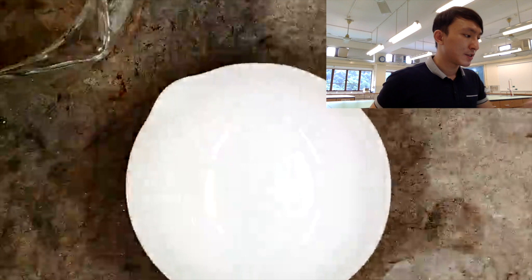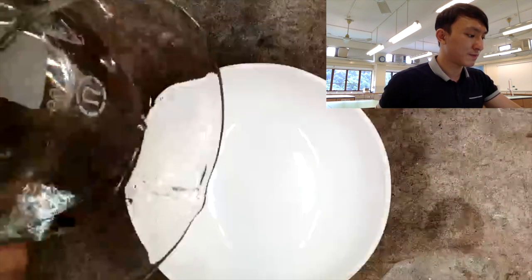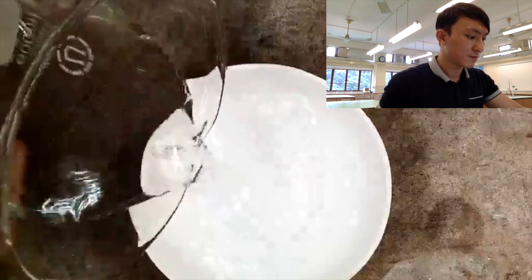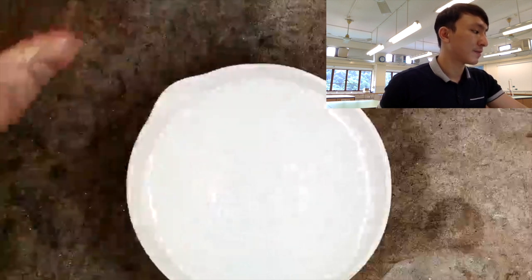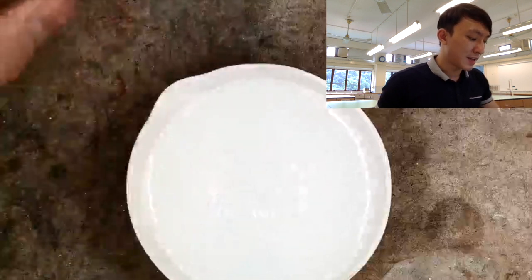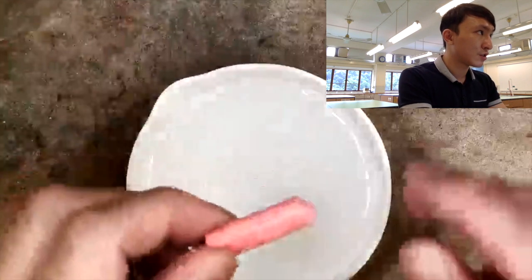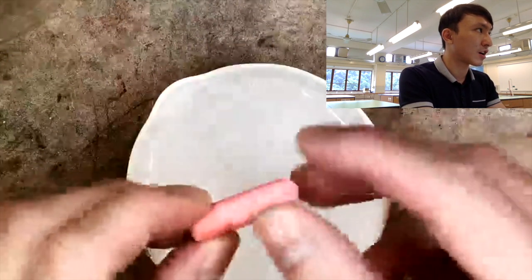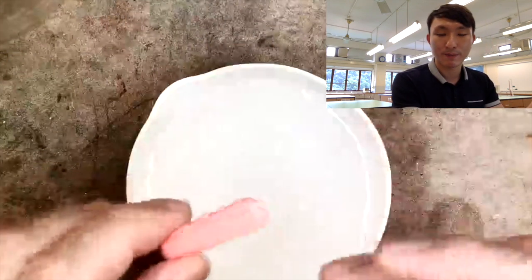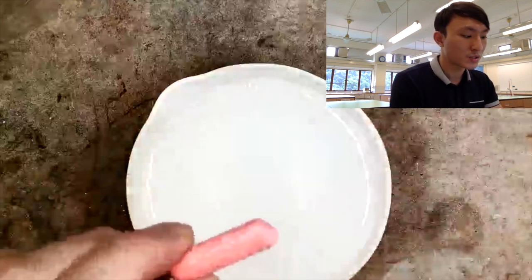And then here I have an evaporating dish. To that I will add some water. Okay. And then I will find a little red chalk. Chalk is made of calcium carbonate, which is insoluble in water.